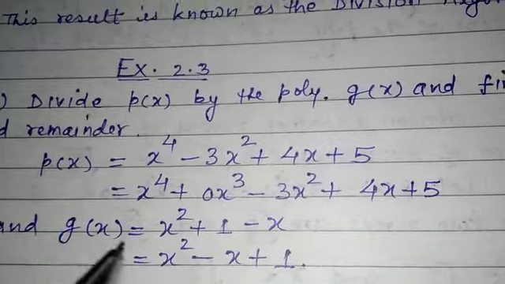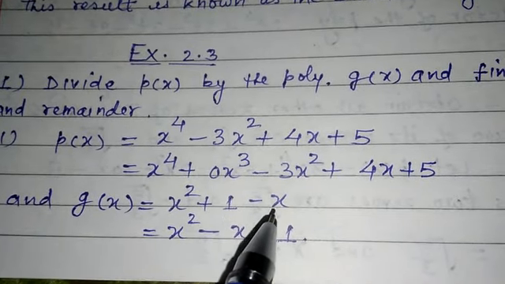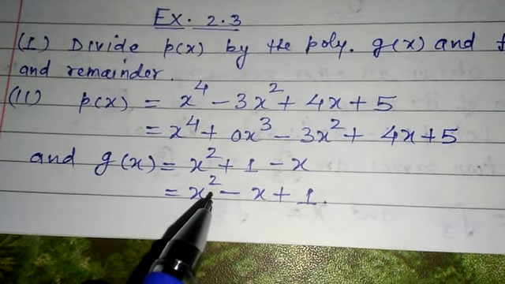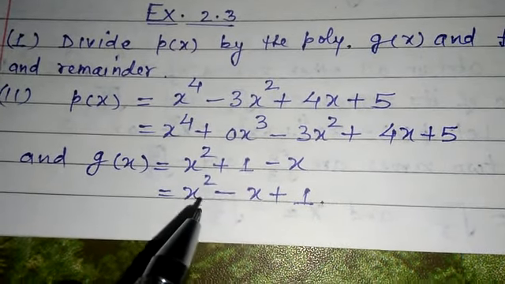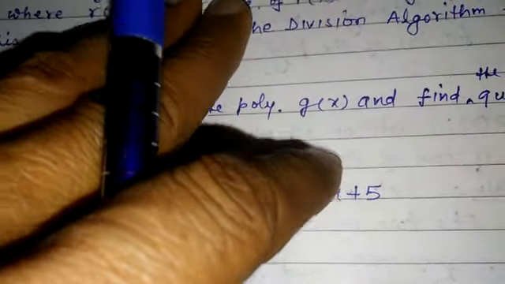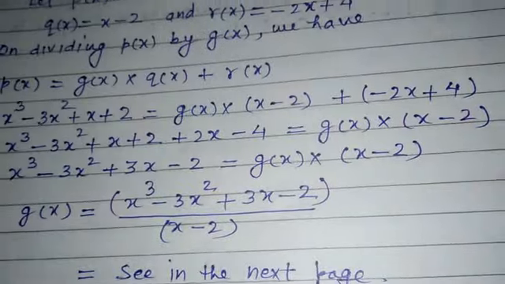Now g(x) is given as x square plus 1 minus x, which is also not in standard form. So first of all make it standard form, that is x square minus x plus 1. And now divide this p(x) by the g(x).